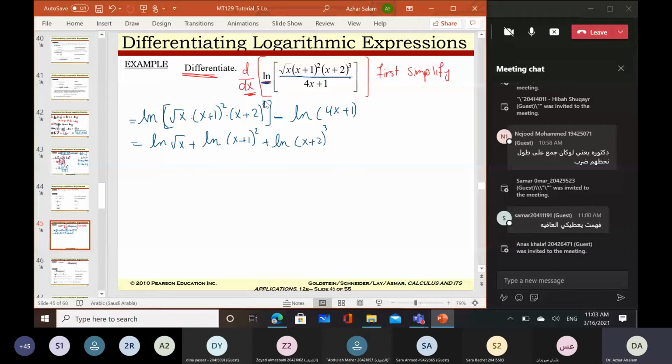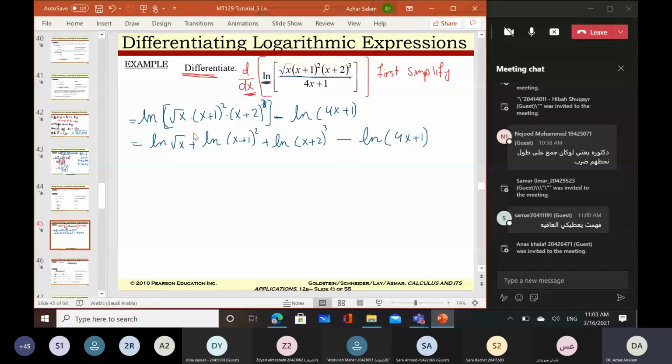Okay. Minus, nothing will be changed here, ln 4x plus 1. اوكي. اللي عملته هنا اني اخذت لن القسمة، واللي عملته هنا اني اخذت لن الضرب، حولت الى مجموع لوغاريتمات.